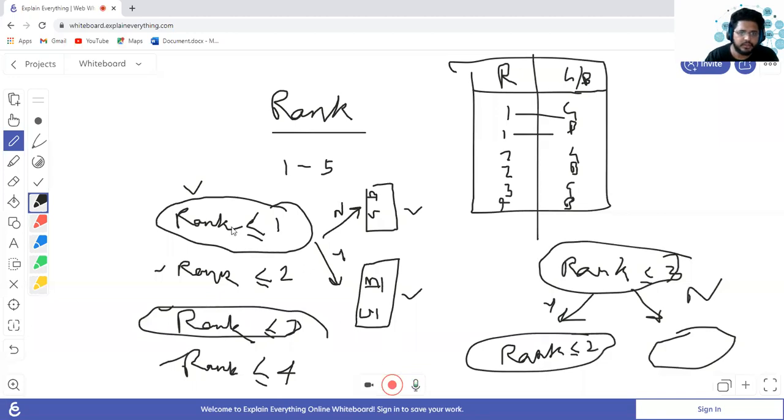So the formation of the questions is the important thing. One is binomial data you saw, numerical data you saw, rank data you saw. Then you can have this type of data also, like choose the color: red, blue, green.